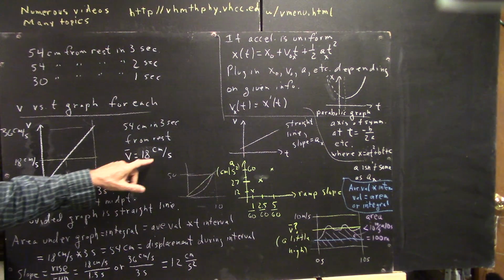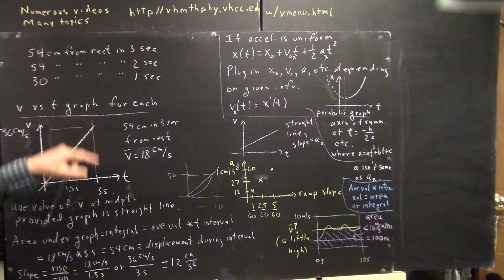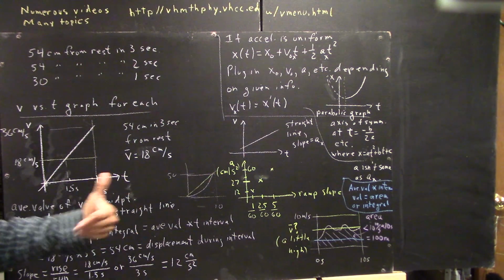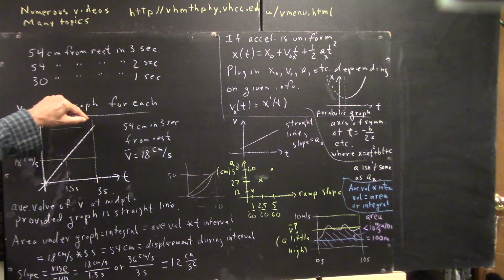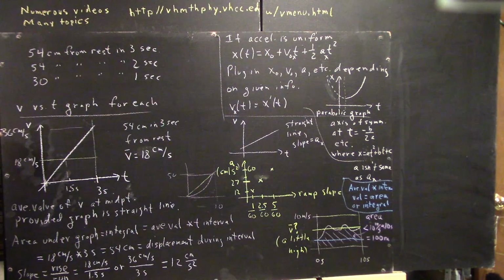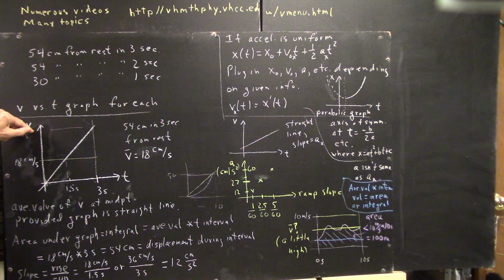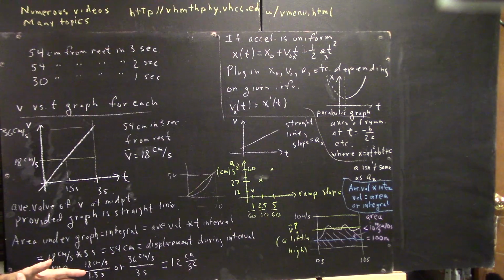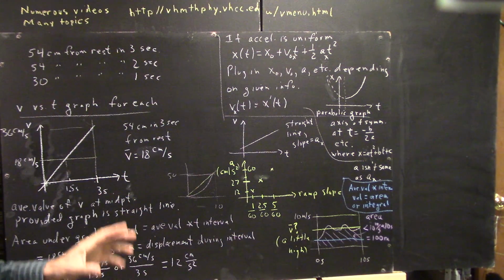Okay, if 18 centimeters per second is our maximum velocity, we multiply that by 3 seconds, we get 54 centimeters, right? But that doesn't represent the area under this triangle. That represents the area under this big rectangle. So if your final velocity was 18 centimeters per second, well, the area under the big rectangle would be 54 centimeters, and that would represent your average velocity times time. That would represent a displacement.